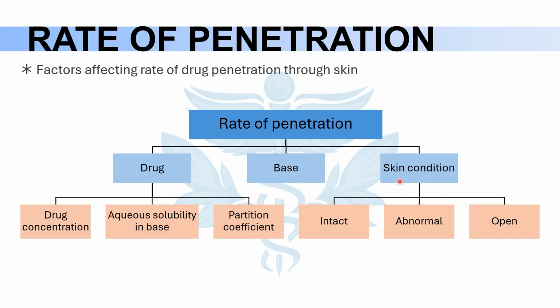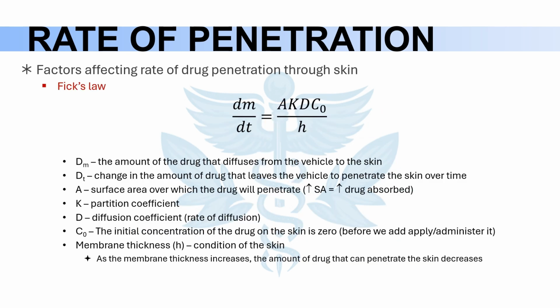And depending on the skin condition, whether it is intact, abnormal, or open, the drug's penetration will be different. And we also need to know that the drug penetration in open skin or cut skin is the highest, because again, there is no longer that epidermal barrier layer which blocked it or which made penetration harder. Right. So there is this law which summarizes the factors affecting the rate of drug penetration through the skin, and it is called Fick's law.